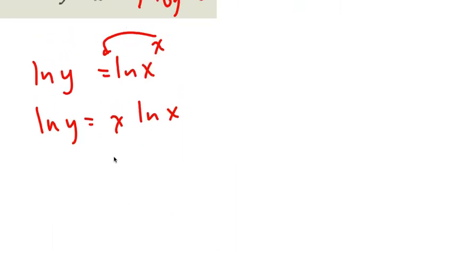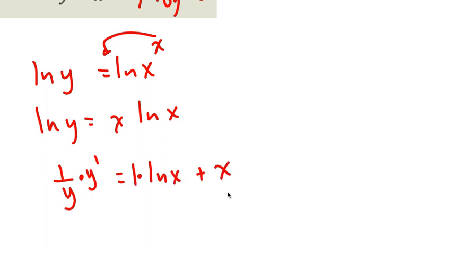We'd say derivative of ln y would be 1 over y times, chain rule, implicit differentiation, y prime, equals product rule. The derivative of the first is 1 times the second, plus the first times the derivative of the second, which is 1 over x.